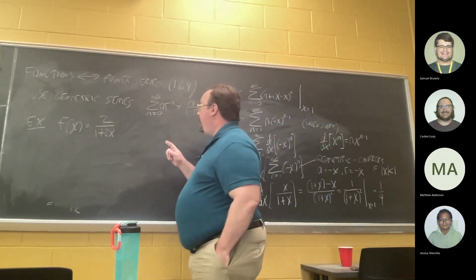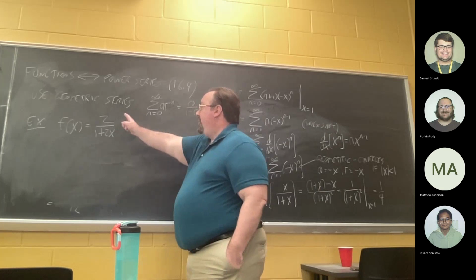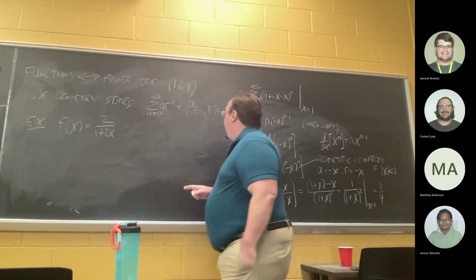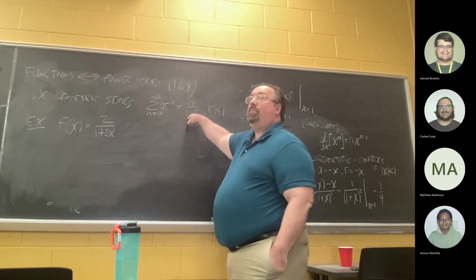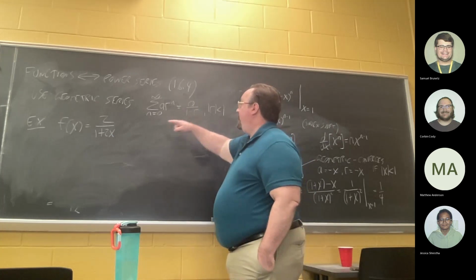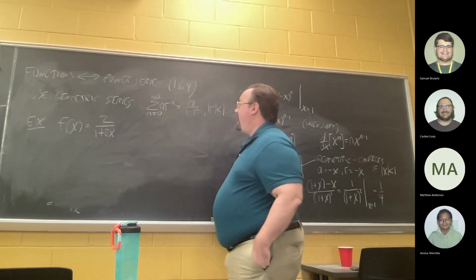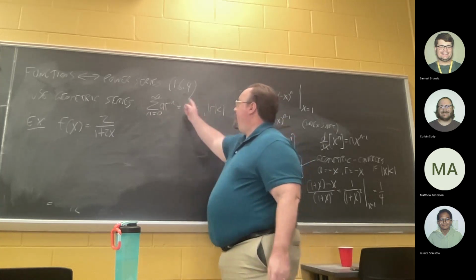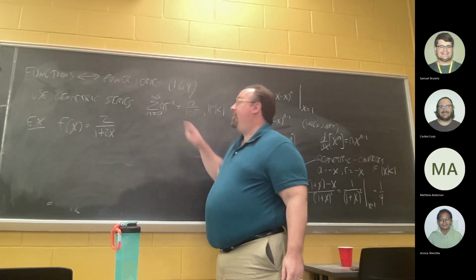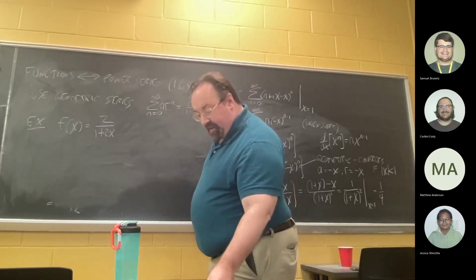So it's worth trying to figure out if you can write this function in this form. Because if you can write your function in this form for some a and some r, then you could write it as this geometric series.